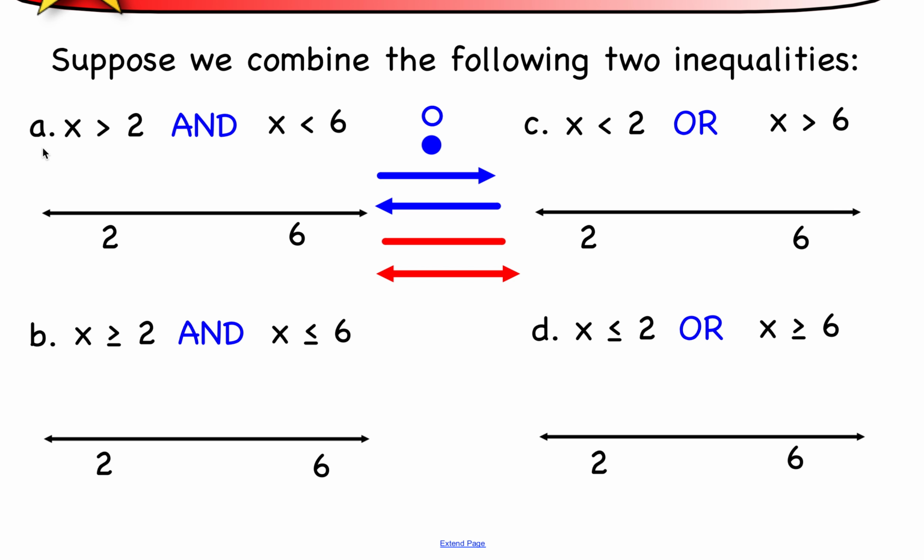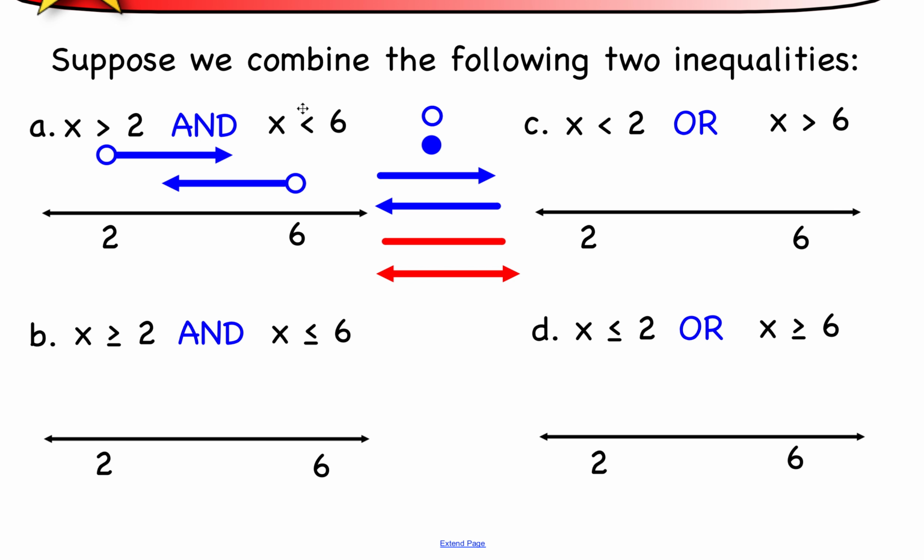For example, in letter A, I have x is greater than 2 and x is less than 6. If we were to graph each of the solutions to those inequalities, x greater than 2 would look like an open dot on 2 going to the right. X less than 6 would be an open dot on 6 going to the left. So if we wanted x greater than 2 and x less than 6, in order to satisfy that it had to be both these solutions.